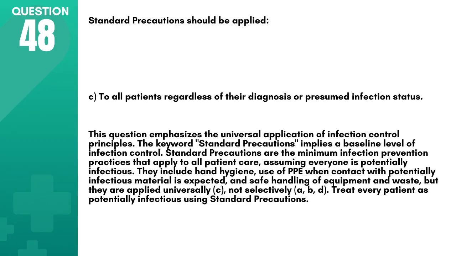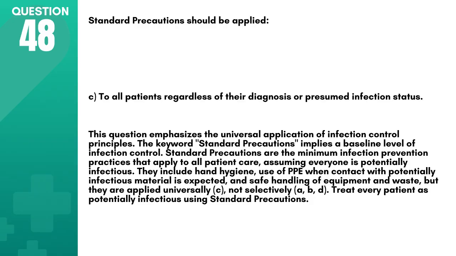Answer, C. To all patients regardless of their diagnosis or presumed infection status. This question emphasizes the universal application of infection control principles. The keyword standard precautions implies a baseline level of infection control. Standard precautions are the minimum infection prevention practices that apply to all patient care, assuming everyone is potentially infectious.